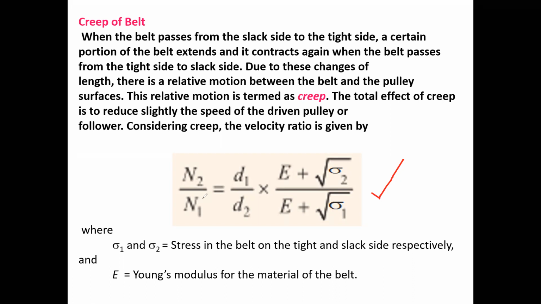And in the earlier class you have already seen the slip effect. When we face the slip effect, N2 by N1 equals D1 by D2 into (1 minus S by 100). So that is the creep effect and our slip effect.